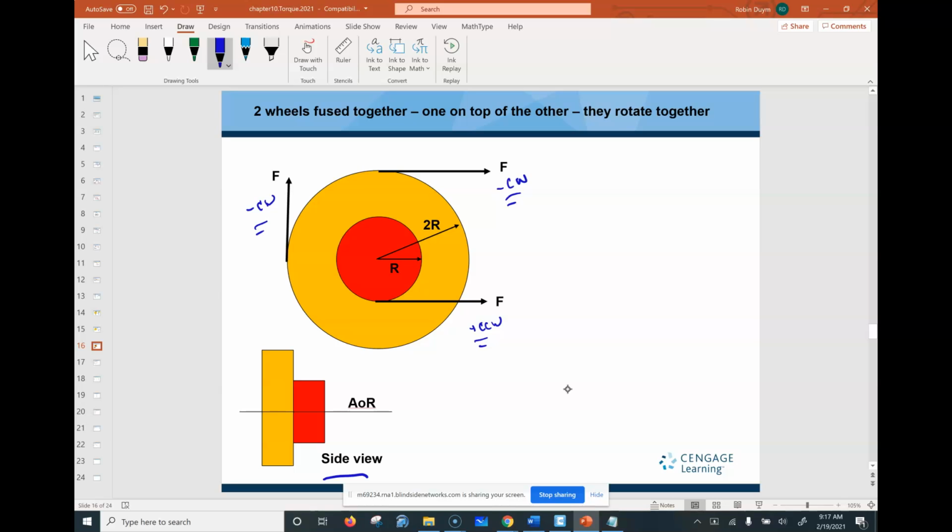All right, so you already have your lever arms. You have the idea of what they are. This lever arm is shorter. This is only R. This lever arm is 2R. This lever arm is 2R.